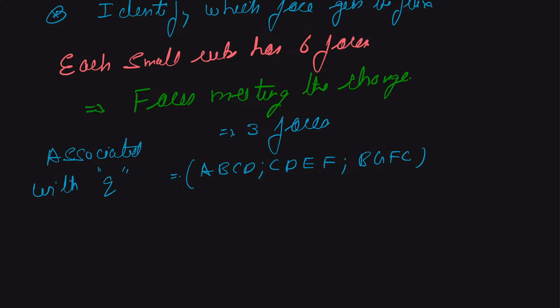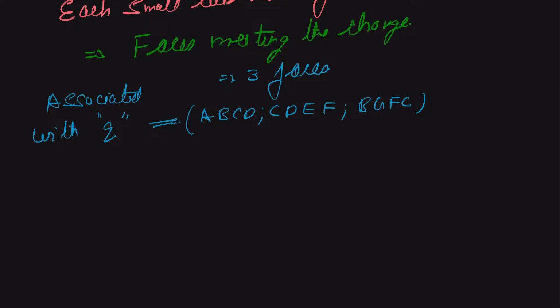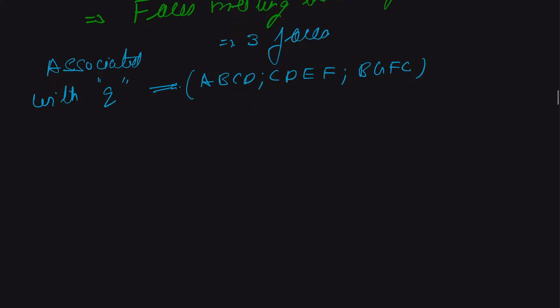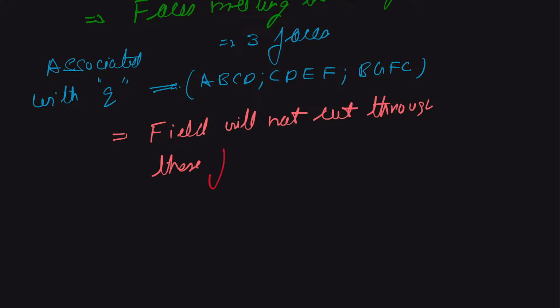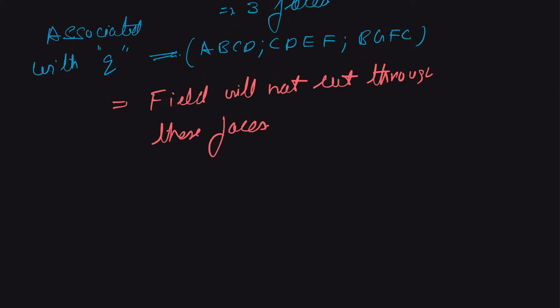We can say these are the 3 faces associated with charge Q. Therefore, the electric field from the charge will not be able to cut through these 3 faces, and therefore the flux associated with these 3 faces will be equal to 0.